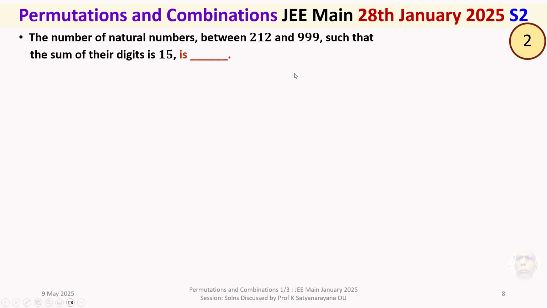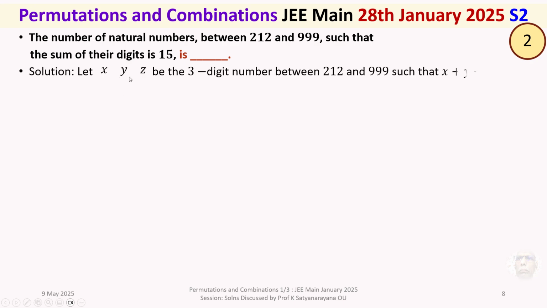So you have to choose those natural numbers between 212 and 999 whose digits, when added, give 15. Right. Let's now discuss the solution of the problem in detail.